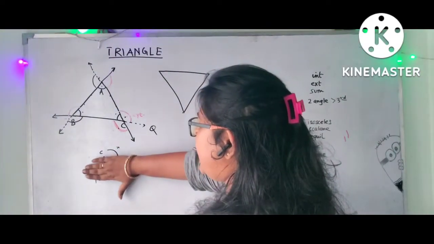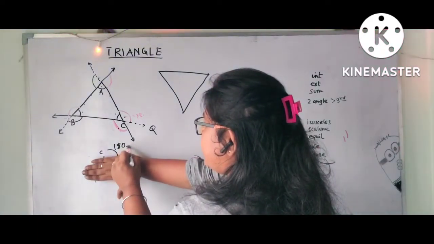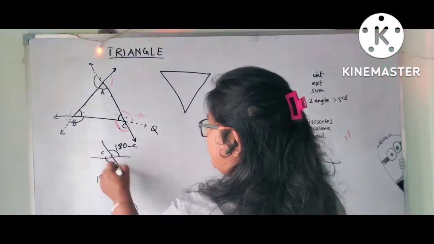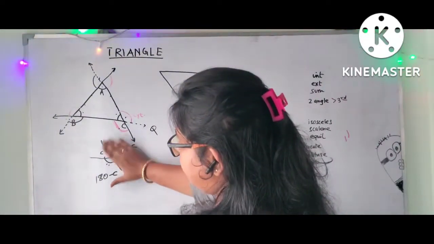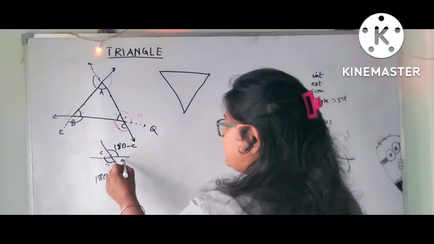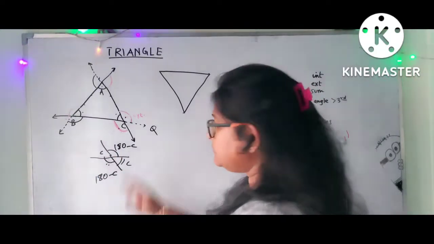And if I hide this, if this is angle C, this will become 180 minus C for obvious reasons, because this is a linear pair, correct? And in this case also, this was a linear pair. So can you see that these two angles are the same? And obviously this will also be the same because of this vertically opposite funda.